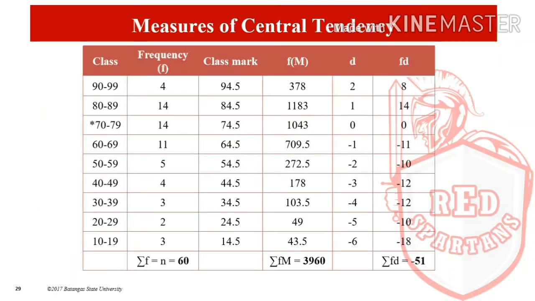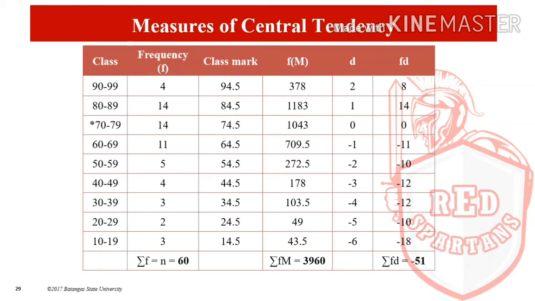So, bali, ito yung table natin from the previous na topic. Meron tayong 60 na final exam scores ng 60 students. So, ito yung class, then yung kanyang frequency, then yung kanyang class mark or midpoint. So, alam nyo na naman kung paano kumuha ng class mark or midpoint. So, paano ba kunin yung f times m?